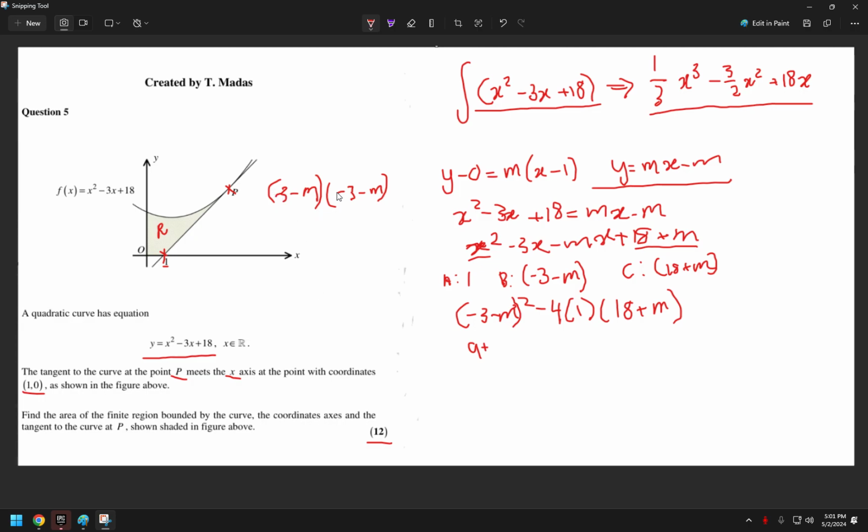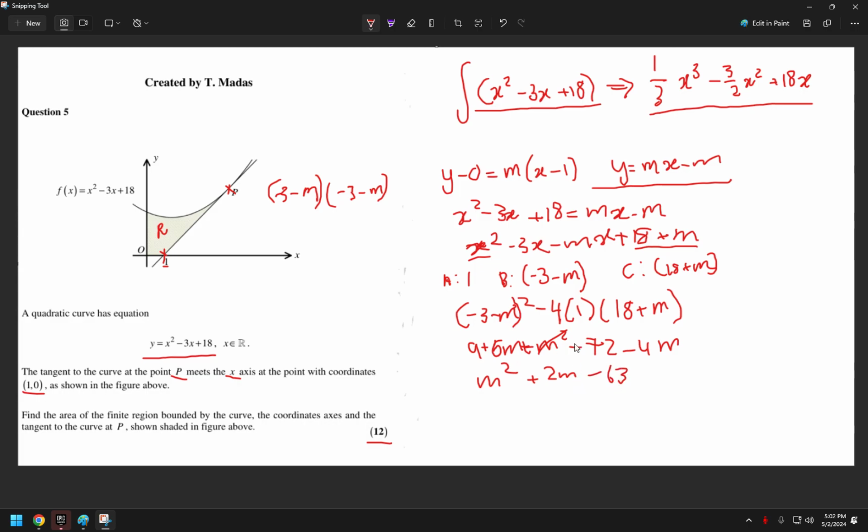So you would have 9 plus 3m plus 3m, which would be plus 6m, plus m squared, minus 4 times 18, which is minus 72, and then minus 4m. Now if I collect like terms, the m squared terms cancel out. 6 minus 4 would be plus 2m. 9 minus 72 would be negative 63.